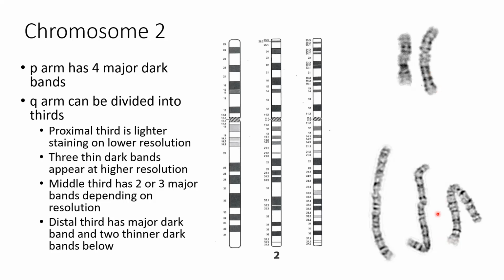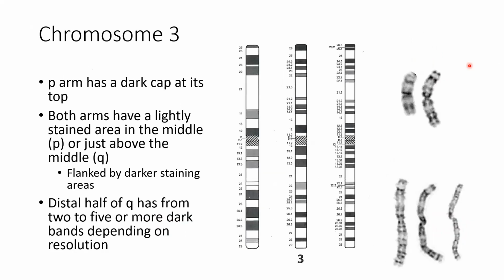So the distal third has major dark bands and 2 thinner dark bands here. The middle third, major dark bands, the upper third, a little bit lighter. And I know this can look pretty confusing right now, but you will get used to it, and it's just going to take a little bit of time.